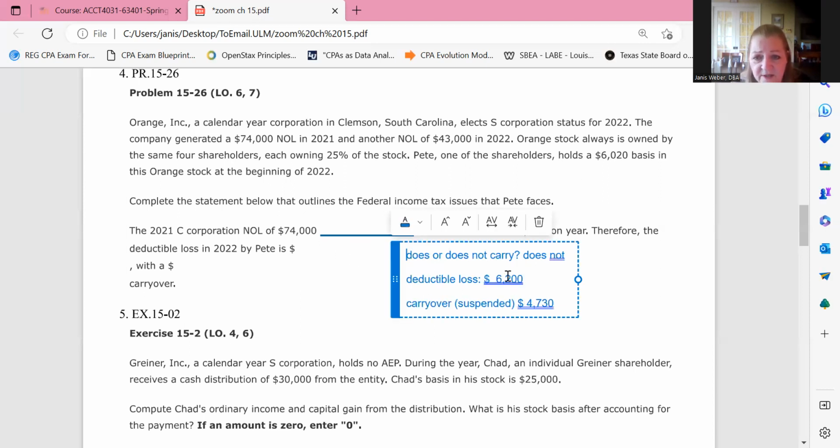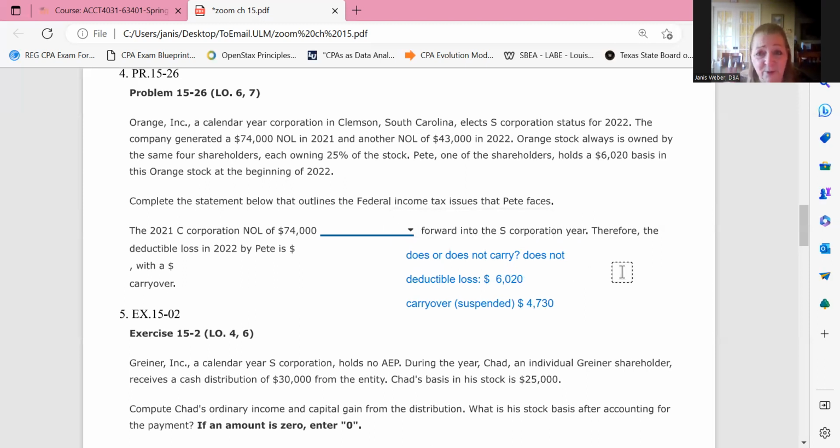Let me do my calc again once I get these numbers correct. His deductible loss is his basis, which was 6,020, and his carryover is 4,730. So the two of them together, 10,750. So when you took the current $43,000 NOL for 2022 divided by 4, you'd be at 10,750. So that's exactly what he did.